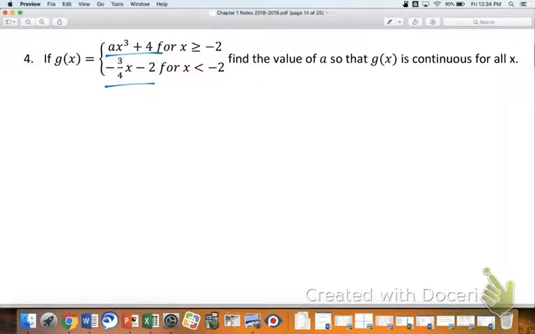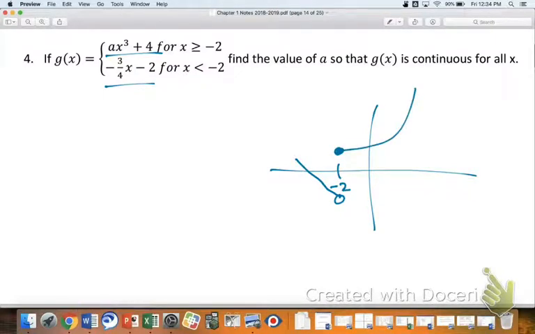So basically what I've got is this. Don't scratch this graph out. This is just an illustration. So here's negative 2, and negative 3/4 x minus 2 is going to be something like this. And then I've got this cubic, and I know I've got this plus 4, but the cubic could do something like this.